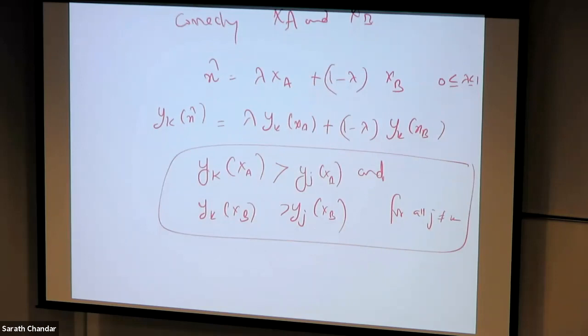Now this also means that yk of x hat is greater than yj of x hat for all j not equal to k, which means x hat actually belongs to Rk.